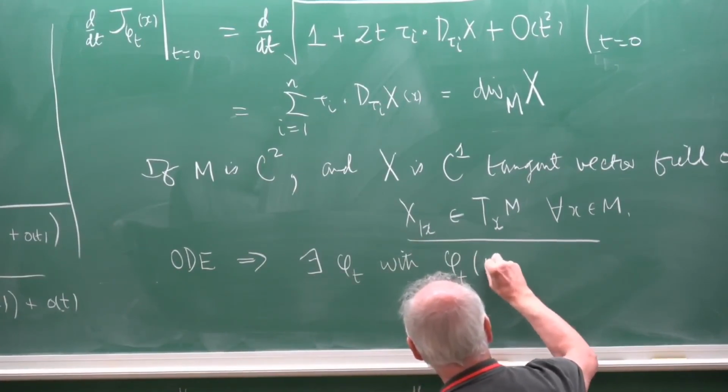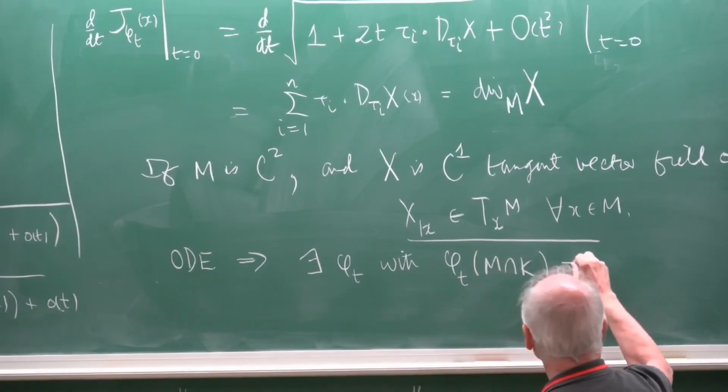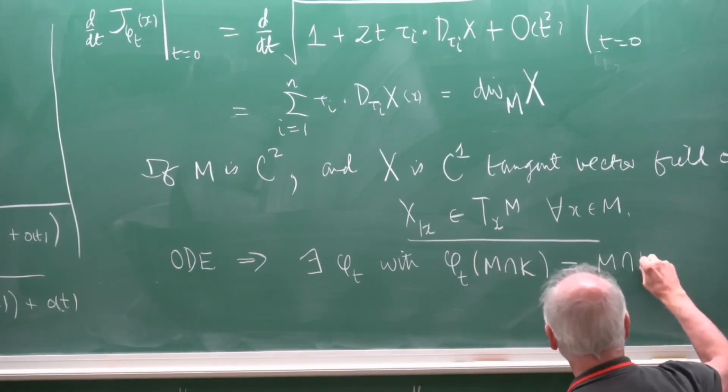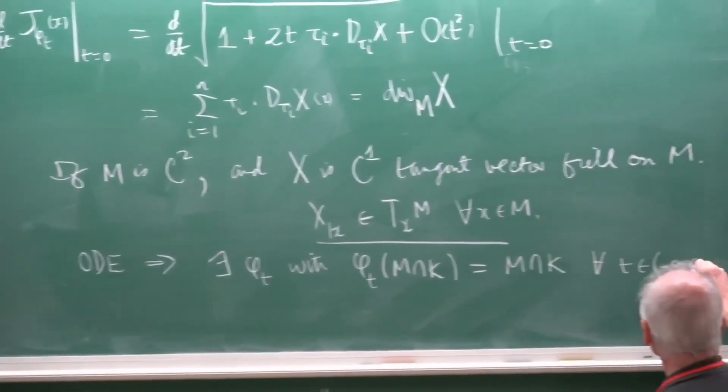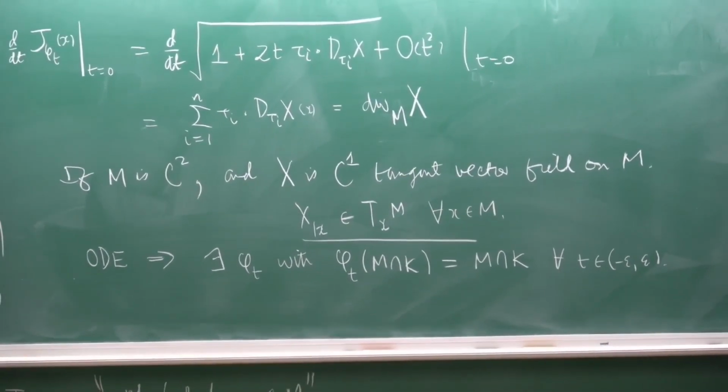So phi t of M intersect K equals M intersect K for every t in minus epsilon to epsilon. That's ODE theory. You can look this up, or there's a brief discussion of it in the text. You get such a phi t by using the so-called flow generated by X. Look up, Google, flow generated by a vector field, and you'll find a description of this.